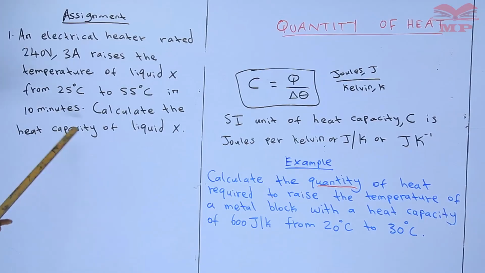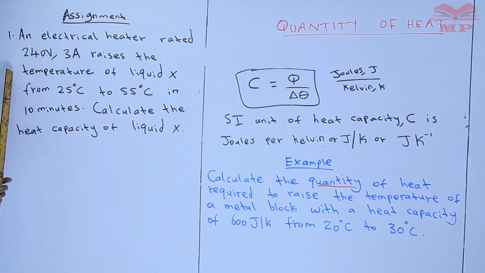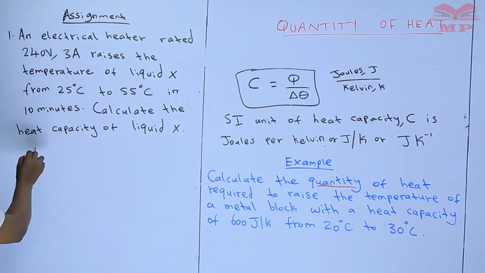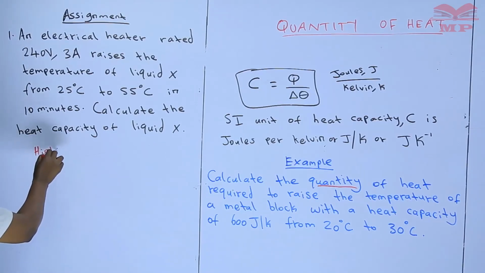You are told an electrical heater rated 240 volts, 3 amperes raises the temperature of liquid X from 25 degrees Celsius to 55 degrees Celsius in 10 minutes. Calculate the heat capacity of liquid X. So in this one, we are heating by electrical method.